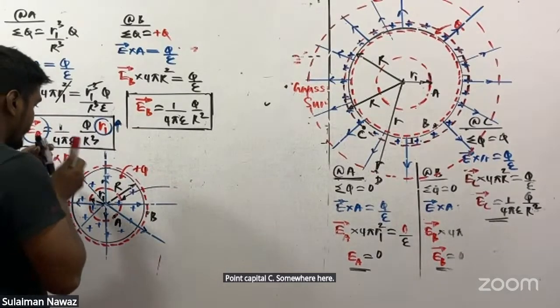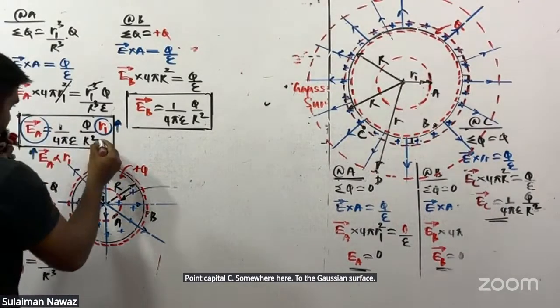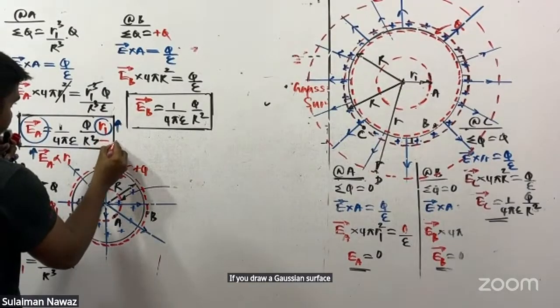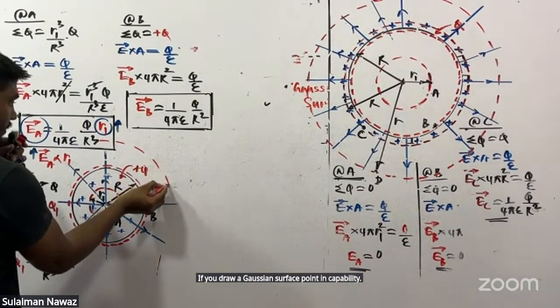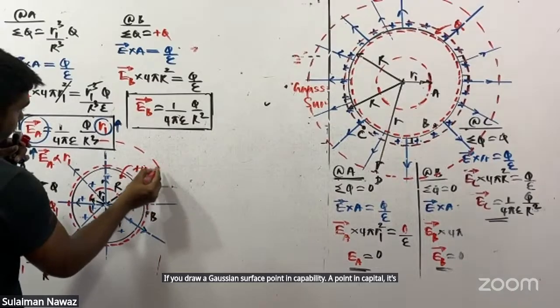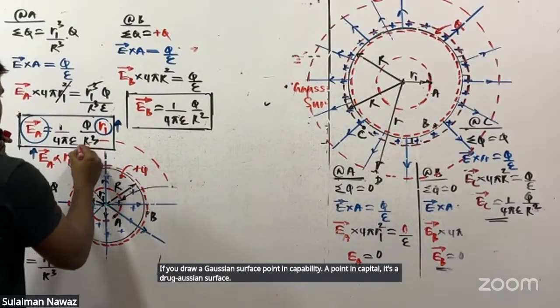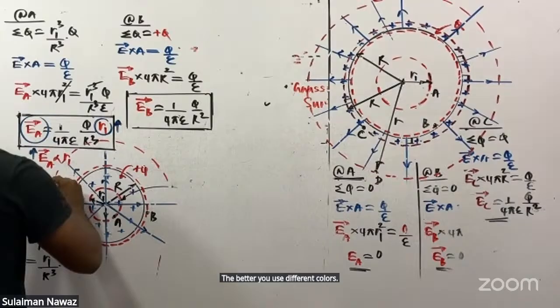Draw the Gaussian surface for point capital C. It is better if you use different colors, then you can understand more.